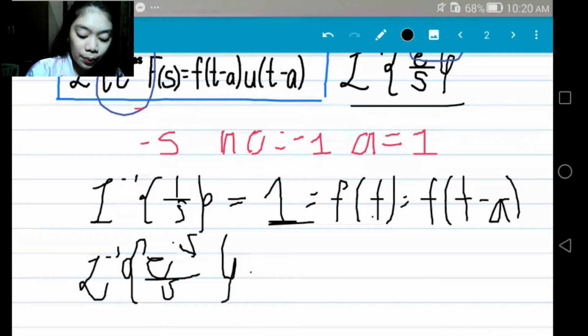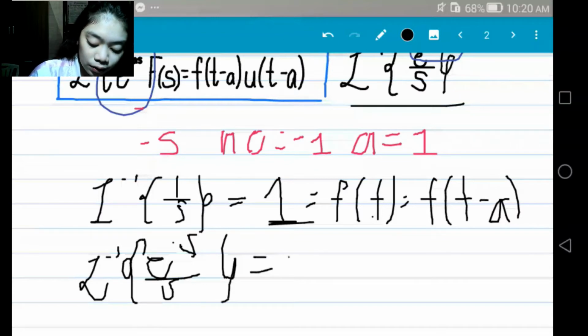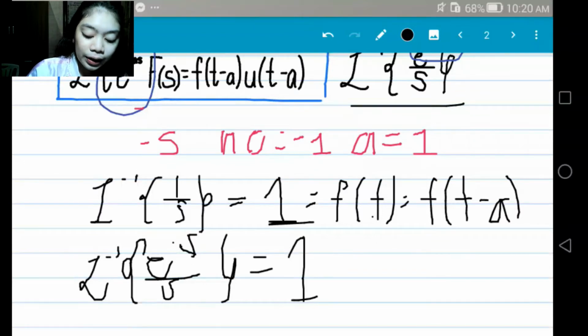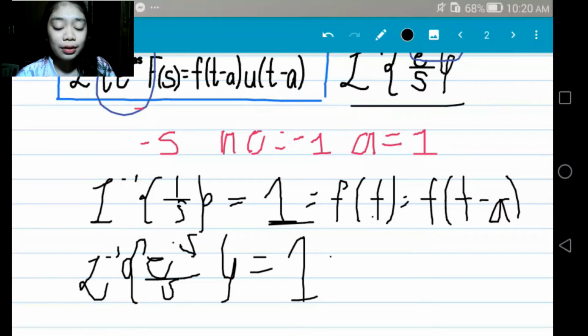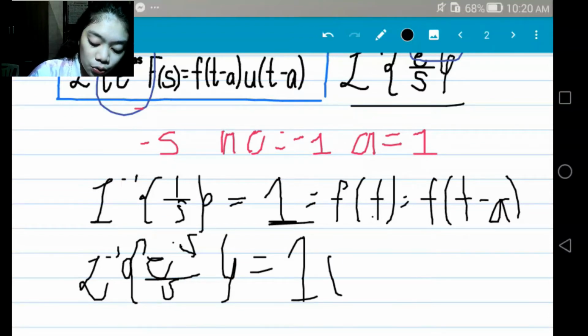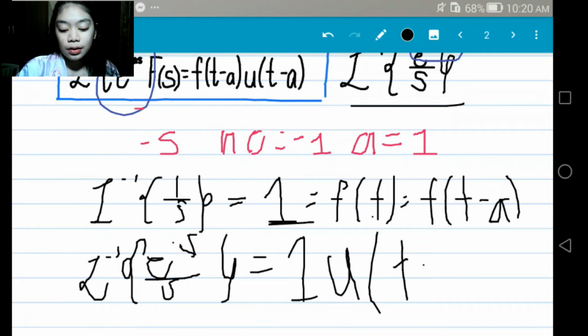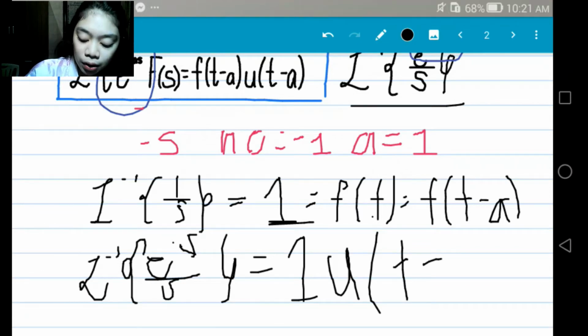As we said, our f of t minus a is 1, so we just write 1 here. Then we just need u of t minus a. We write u of t minus, what is our a? 1. So it will become u of t minus 1.